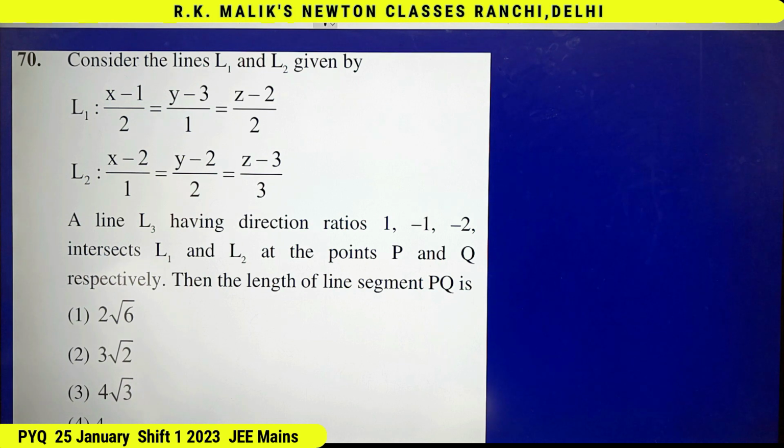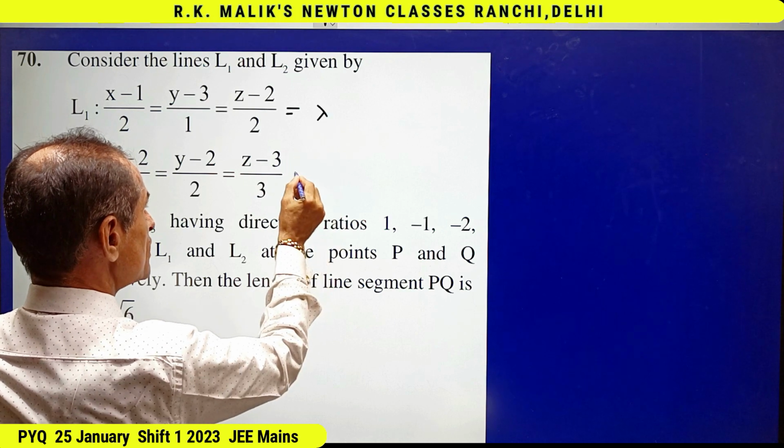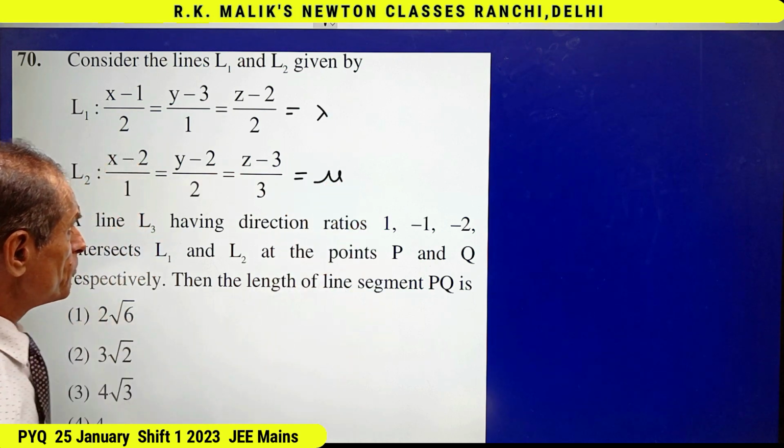To do this question by the normal way, first I would like to find the coordinates of the points P and Q. For that, let it be equal to lambda, let it be equal to mu.